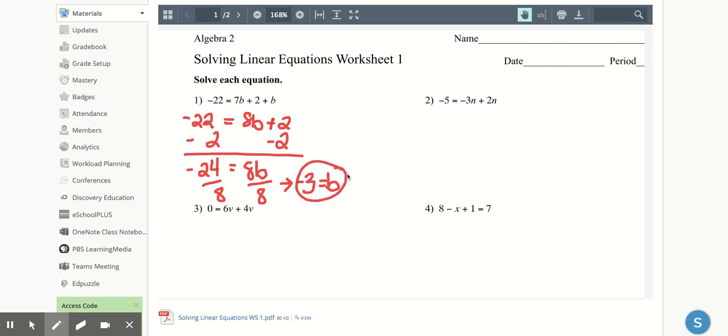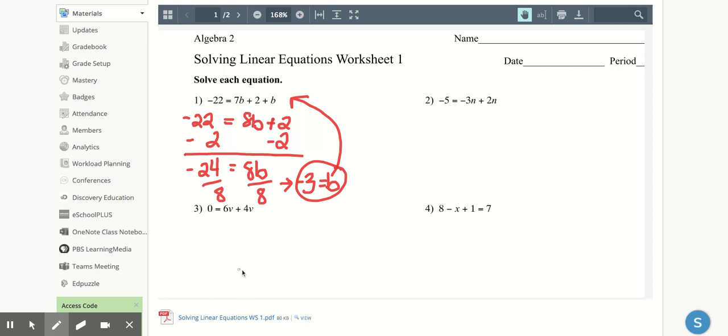Remember that you can always check your work when you're solving equations by plugging your answer back into the original to make sure that you have a true statement. So on the right-hand side, I'd have 7 times negative 3, which is going to be a negative 21. And then negative 21 plus 2 will give me a negative 19. And then negative 19 plus negative 3 does, in fact, match the negative 22 on the left.